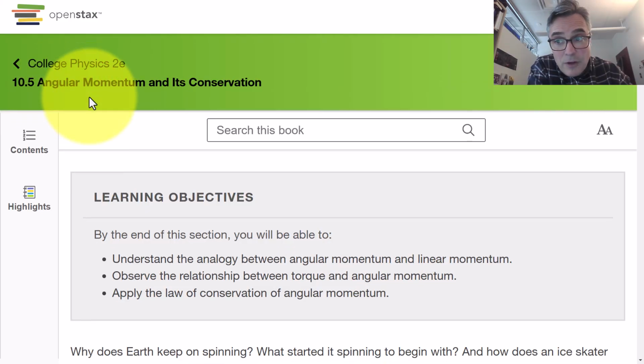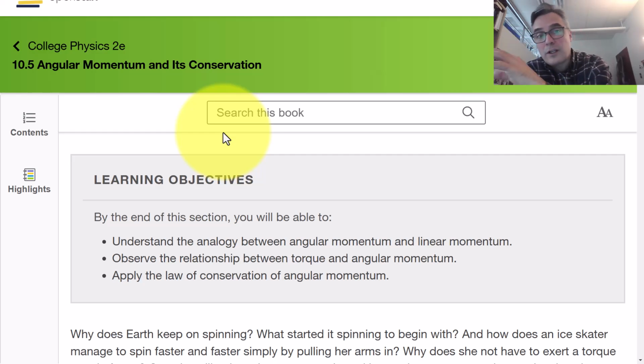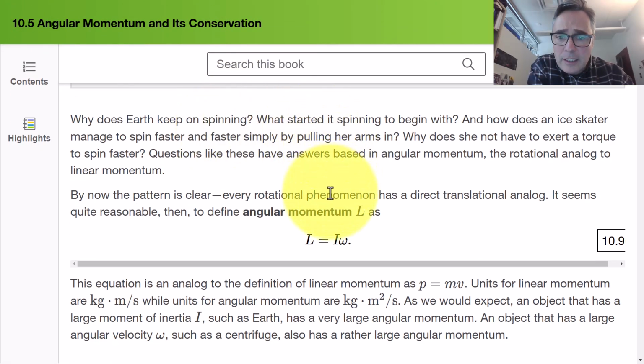And section 10.5 is on angular momentum. So we had in previous chapters work and energy, then momentum, all in linear motion. Now we have in these sections rotational energy and rotational momentum. Very analogous. So angular momentum, which is called L, is I times omega.